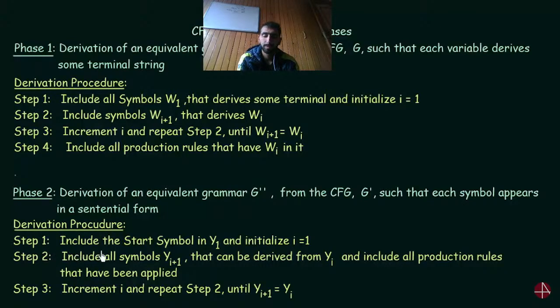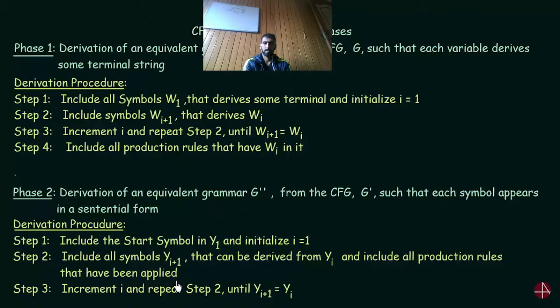Step 1: include the start symbol in Y1 and initialize i equal to 1. So we form a set which we call Y1, and in this Y1 we include the start symbol of our grammar, and then we initialize i equal to 1. Step 2 says include all symbols Yi plus 1 that can be derived from Yi, and include all production rules that have been applied.